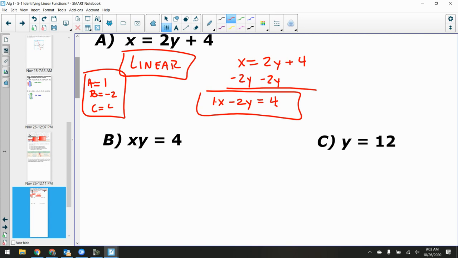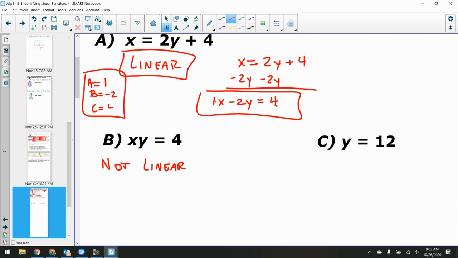Is b linear? Nope. That's the correct answer. No, it is not linear. If it's not linear, tell me why. What makes it not linear? Tyler? Good.